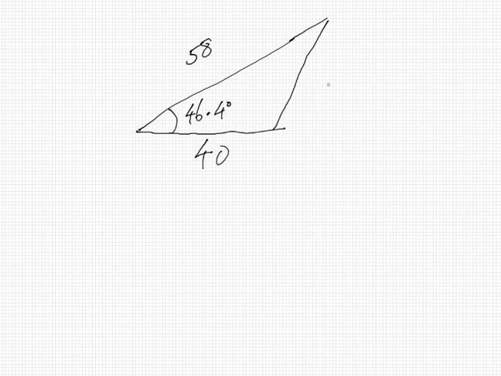So I've done it the other way around. The 58 should be on the bottom. I'll just redraw it. This is 58. And then, what's the other side? 58 and 40. And then the angle between them is 46.4 degrees.